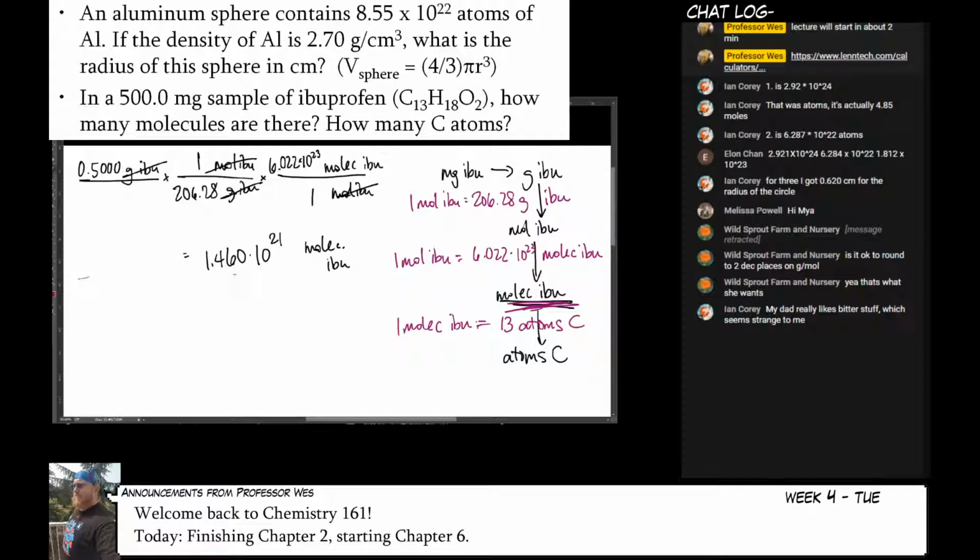So I'm just going to take this number and functionally we're going to multiply it by 13, because in 1 molecule there are 13 atoms. Oh, atoms of carbon. So whatever's in my calculator times 13. 1.898 times 10 to the 22.